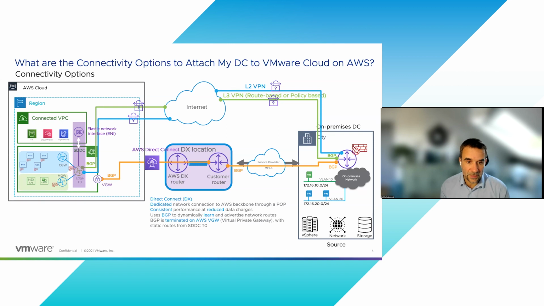And again, it leverages BGP to interconnect the networks. The only difference is that the BGP session ends at the VGW, the virtual private gateway of AWS, but it's the same BGP protocol to exchange the routes.